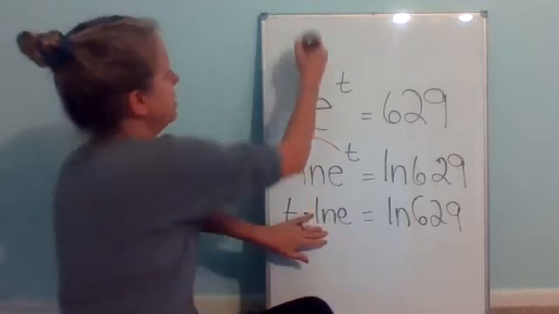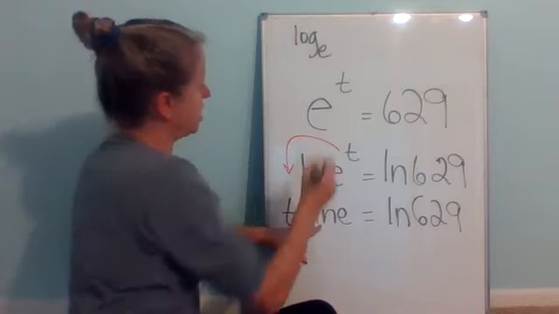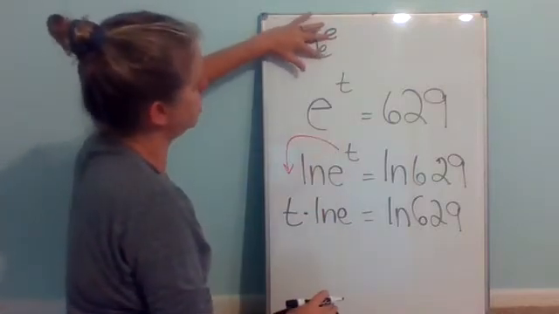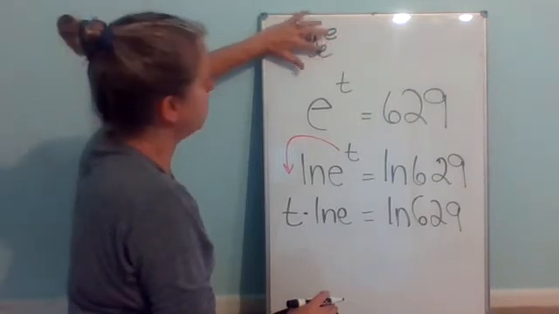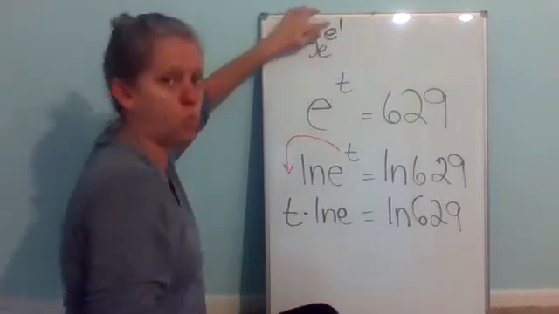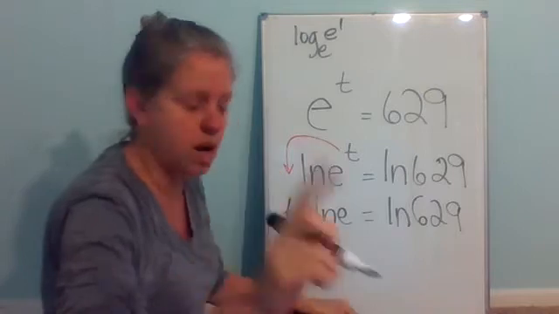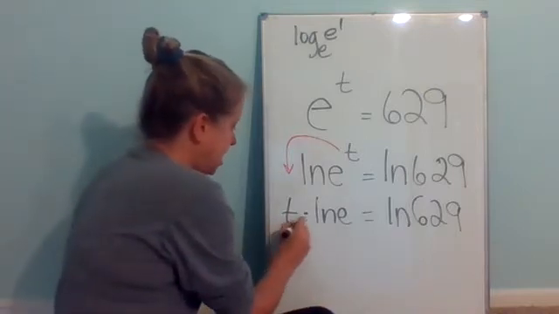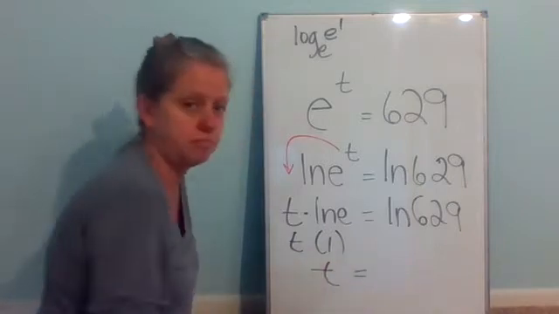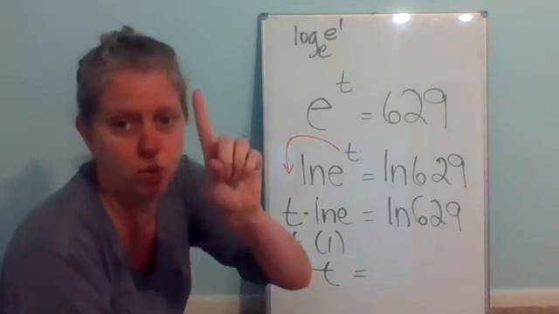Because if I rewrote this as log base e of e, these two things are the same, which means all of this is equal to what this exponent is, and it's 1. So ln of e is equal to 1. So this really just says t times 1, or in other words, just t. So anytime you see ln e, it is simple to just turn it into a 1.